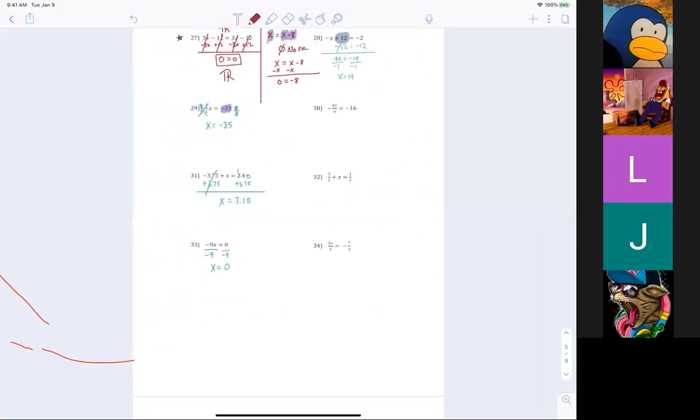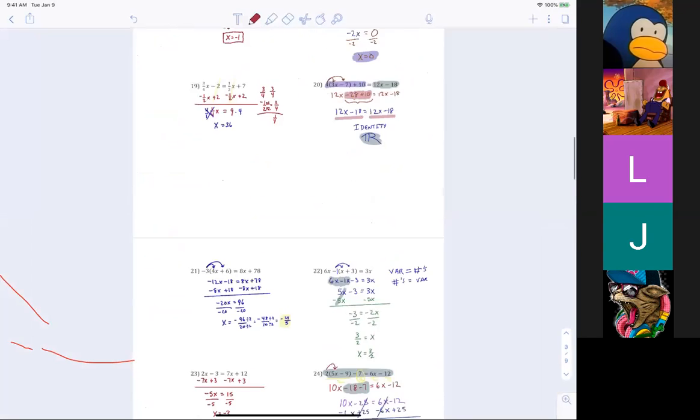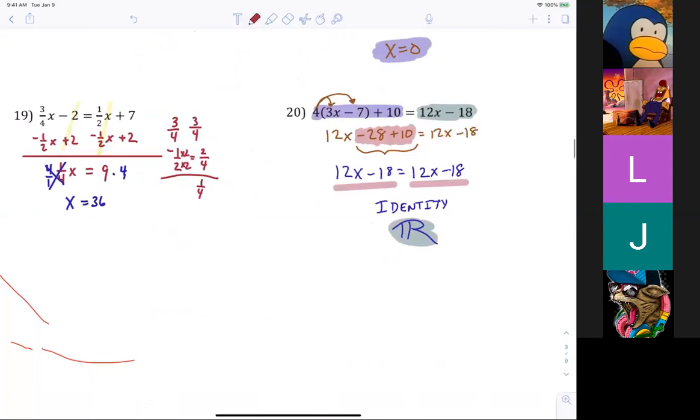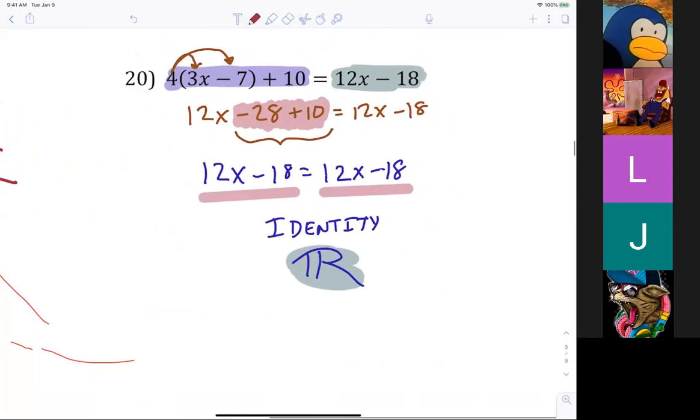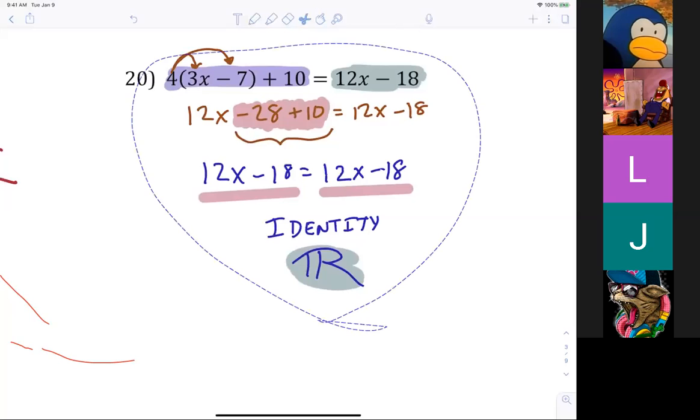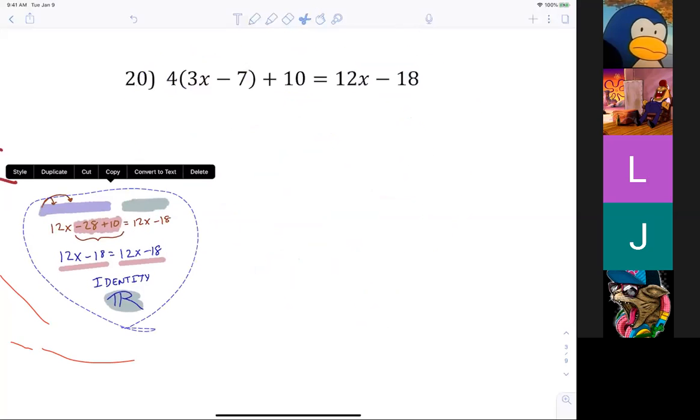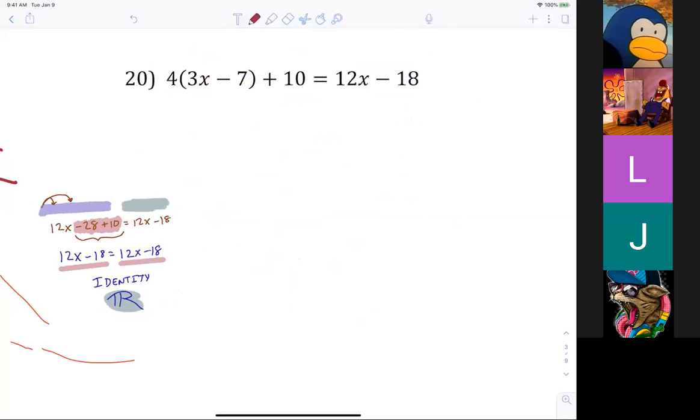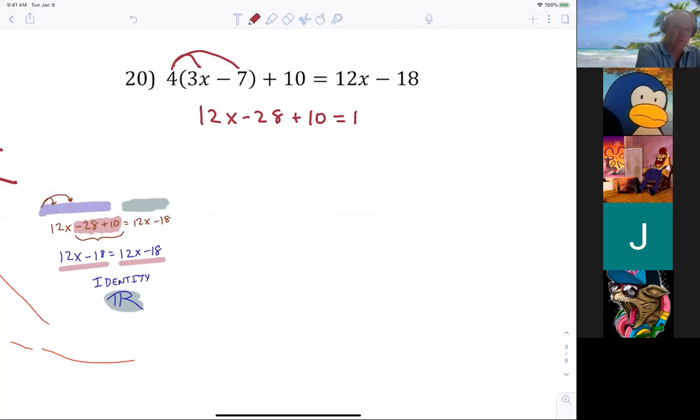I was confused on how you got it. Which one? 20. Okay, let's look at 20 again. All right, here we go. So let me just pull this out from the side. Now you distribute, right? You see how that's 12x minus 28 plus 10 equals 12x minus 18, right?